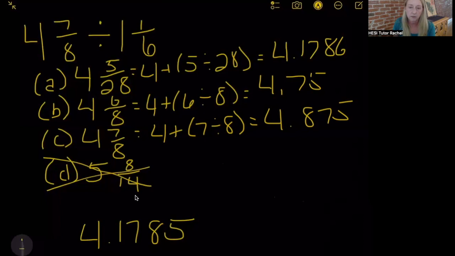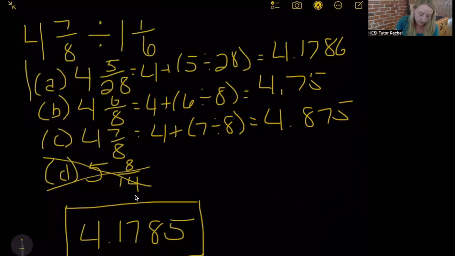And the only reason that we didn't get the exact dead on decimal answer is because of rounding. And that's fine. That's going to happen from time to time. So just be comfortable with that. And so 4.1785 is equal to answer A, which is 4 5/28.